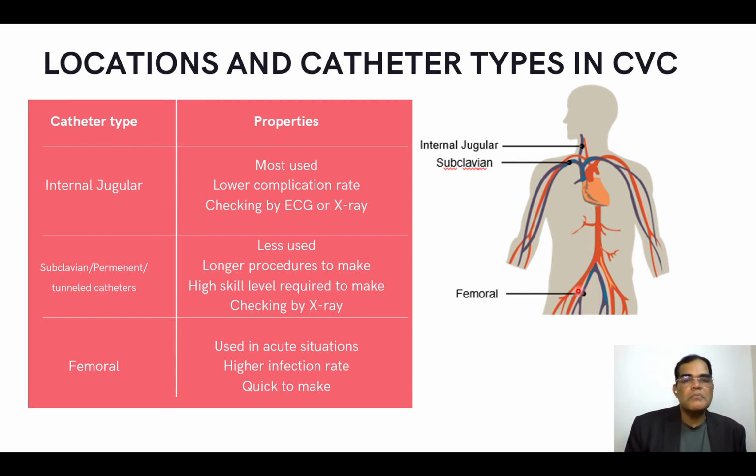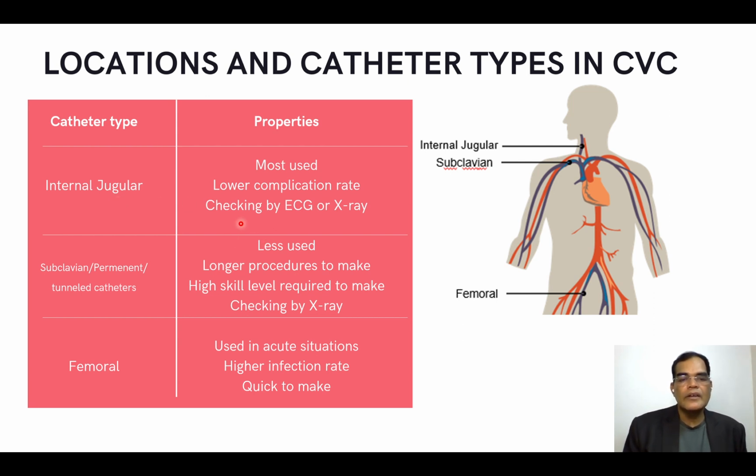If you look at the viability of these catheters, jugular catheters are easy to make and most used when dialysis is suddenly required, where the complications are lesser.